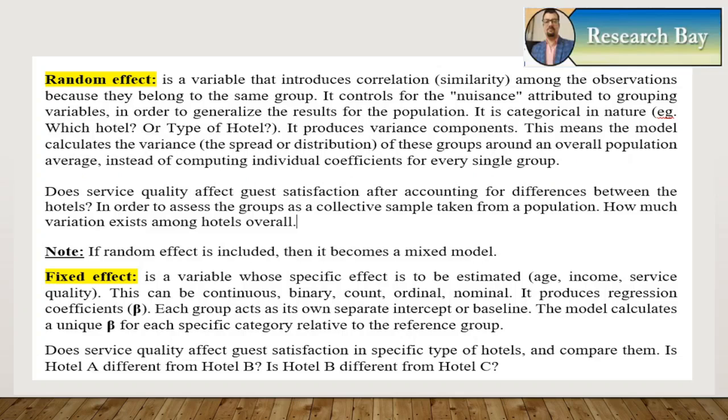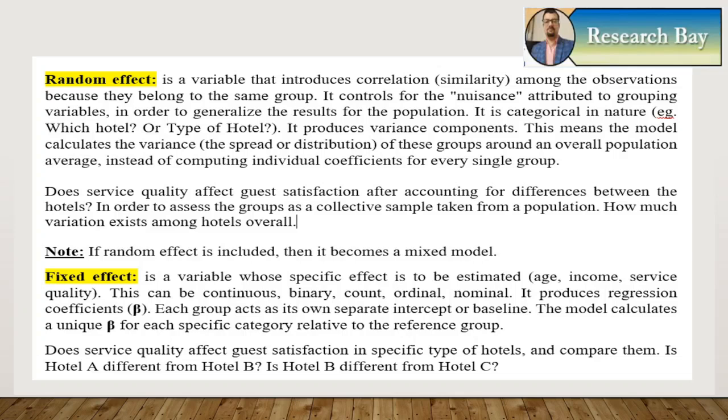Now, I'll give you a simple example to understand this better. Does service quality affect guest satisfaction after accounting for differences between the hotels? Say you collected the data from 500 people staying in 20 different hotel properties. So the experience encountered by the guest in a particular hotel, say you took a sample of 20 guests from a particular hotel or 30 guests from a particular hotel, their experience would be quite similar.